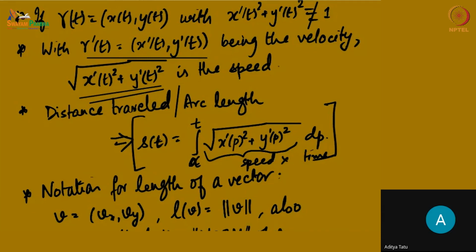I can make an assumption that at a particular time the speed remains constant in a very infinitesimal time interval. If I then add up the distance traveled in each infinitesimal interval, I'm going to get the total distance traveled.